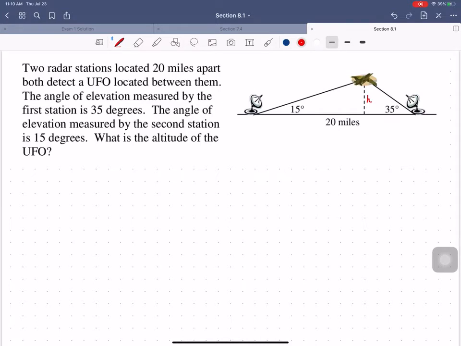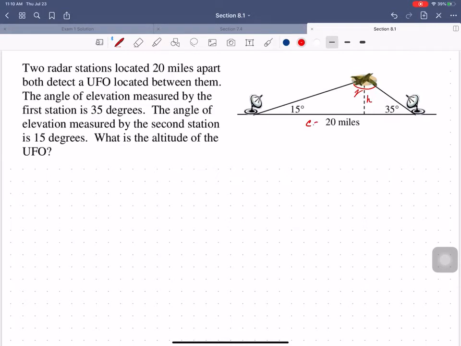But here's the thing. I still need to find this and this, but I've got enough information to do that, and the law of sines is going to help me. We're going to find this angle right here, and I'm going to label it gamma.